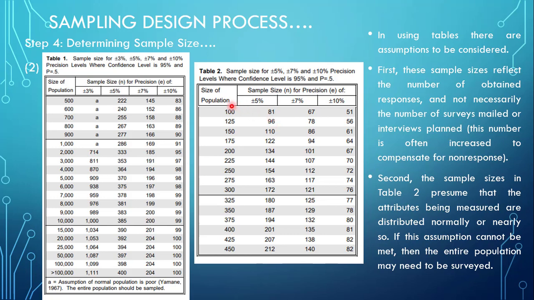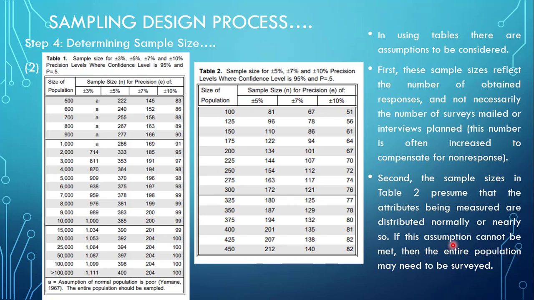But if the population size is between 100 and that of 450, then with different precision levels you could take different samples. So from the table you could understand that if the population size is below 100, whatever the precision level is, you are going to conduct a census.